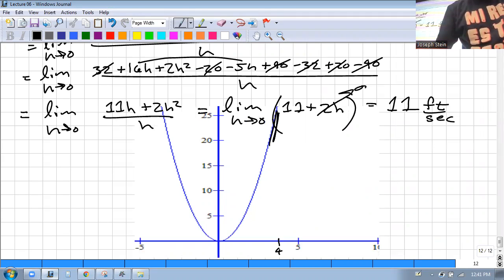So whatever the slope is, the slope right there at 4 is going to be 11, right? So what we're doing is we're basically making what we call a tangent line, right? The tangent line at this point is a line that has the slope right at that point. Okay.